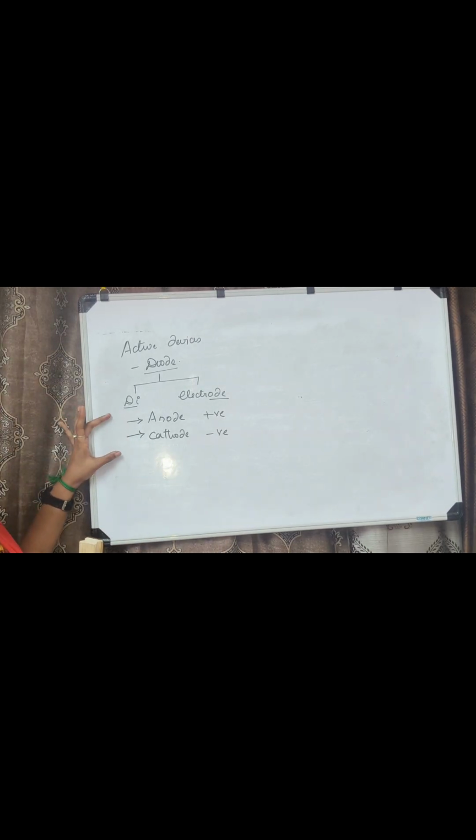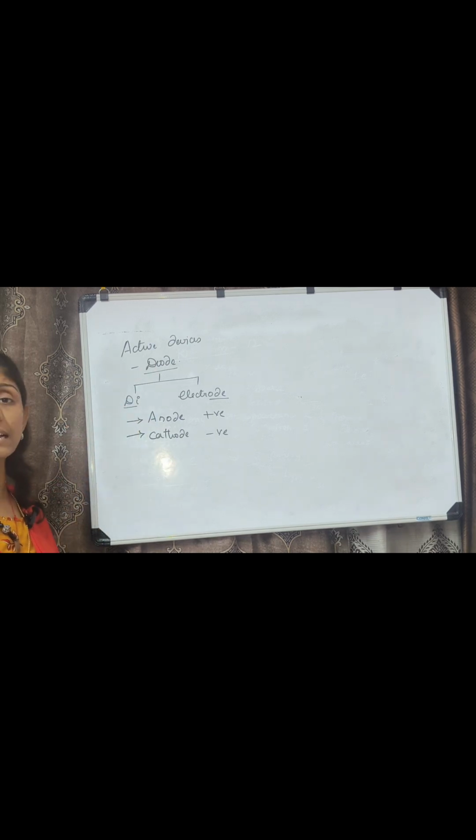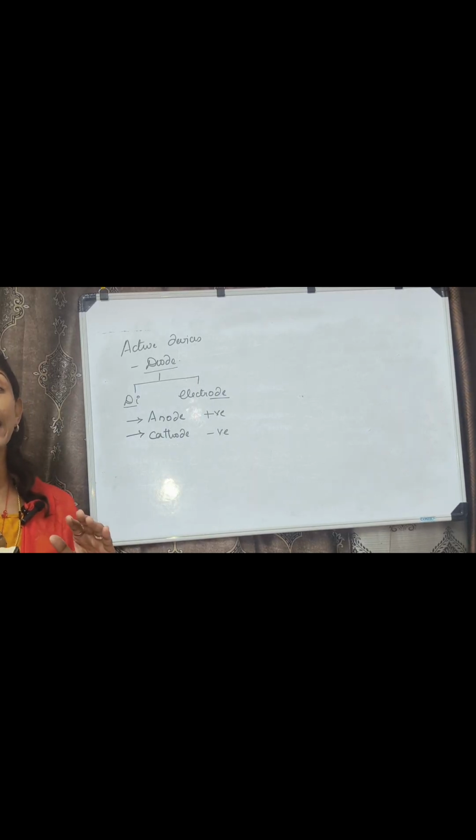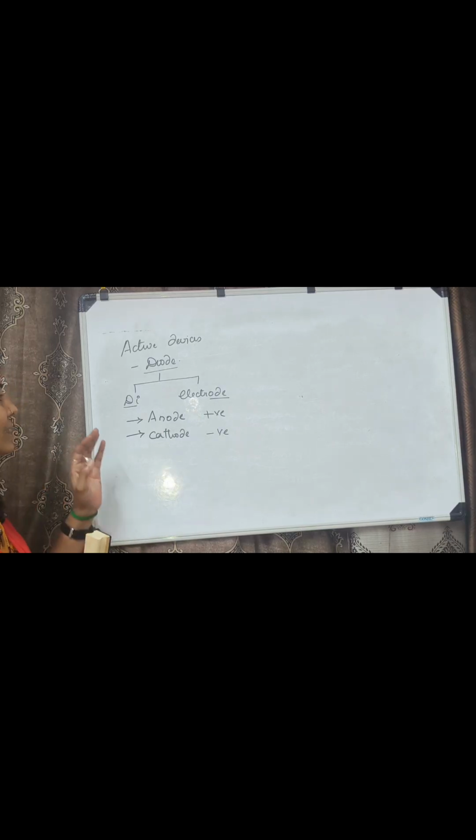If these two electrodes are combined together, we call it a diode, which is a very basic component of all electronic devices. If you want to design or fabricate any electronic device, the basic component needed is a diode. It is a combination of two electrodes, right?